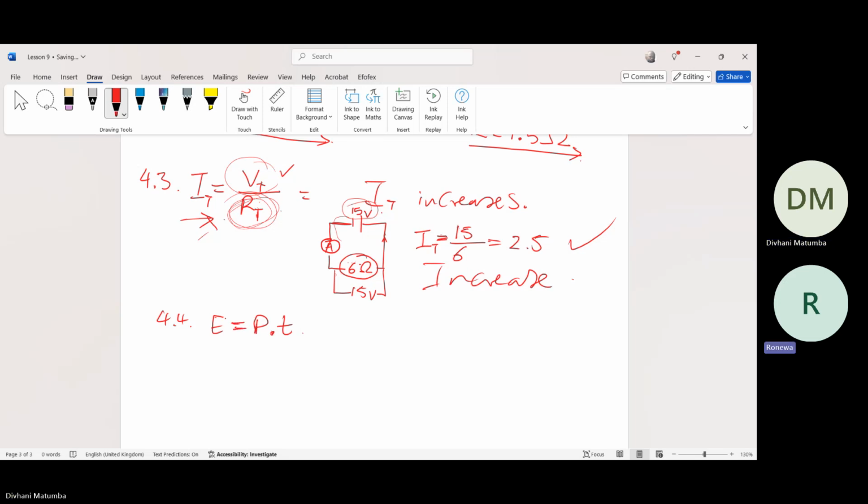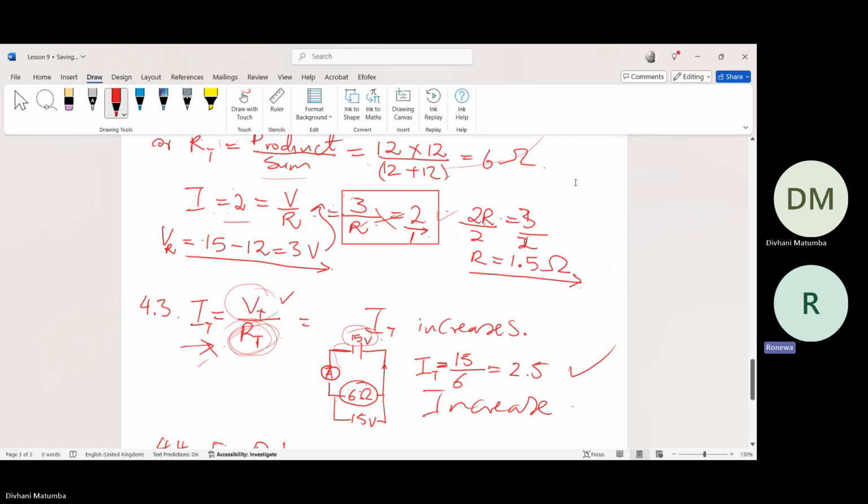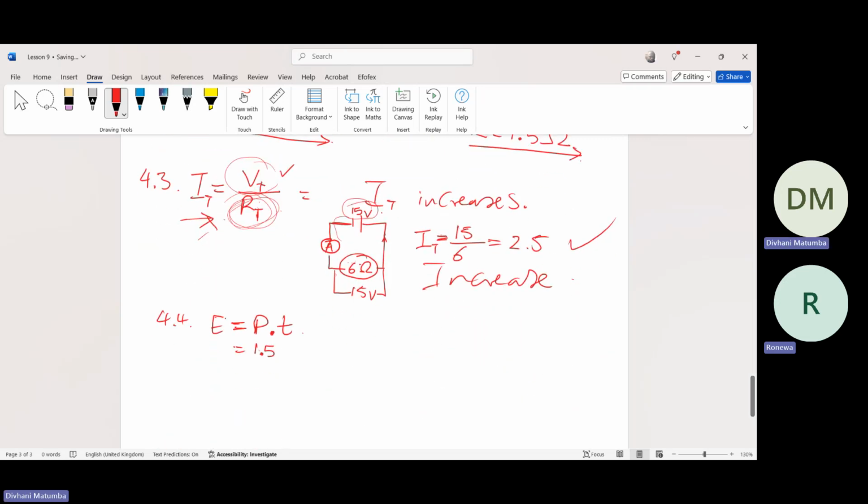And then the power they gave us is 1.5, multiplied by the time, which is 3.5 hours. And this is 1.5 kilowatts, right? Yes.